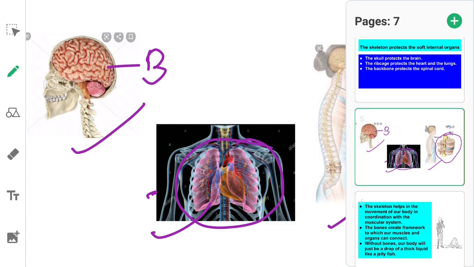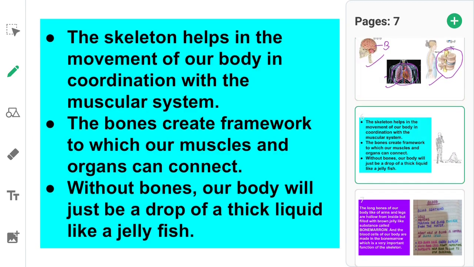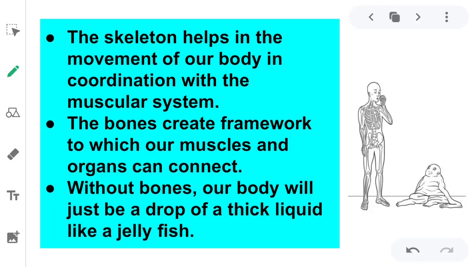Now, there are other things that you need to know about the skeletal system. The skeleton helps in the movement of our body in coordination with the muscular system, means with the help of the muscles.